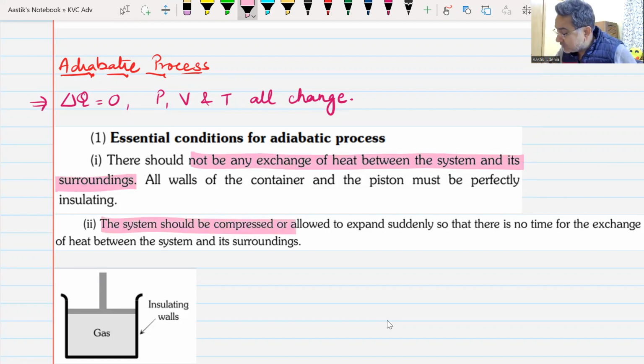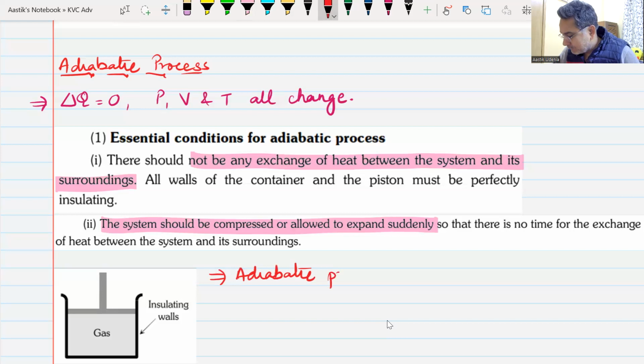And the process must be sudden, very fast, so that there is no time left for heat exchange to take place. In other ways, I can say an adiabatic process is the reverse of what?